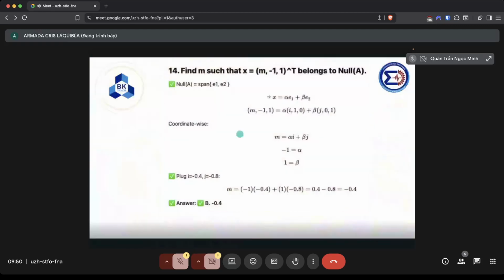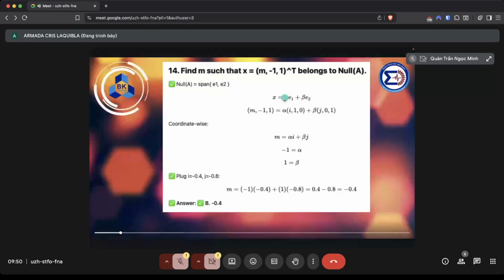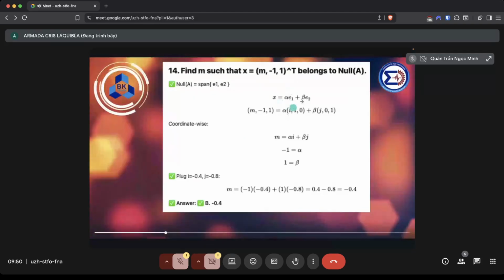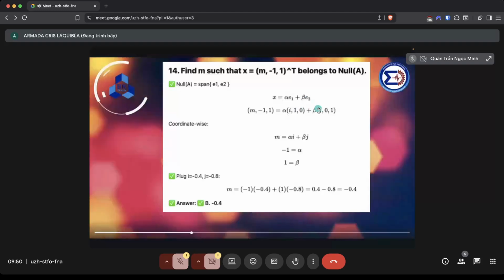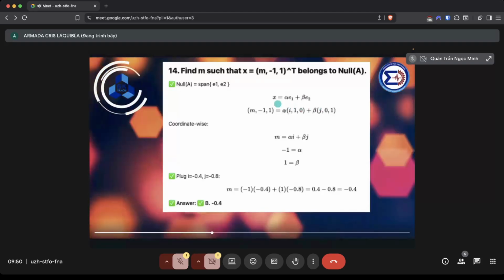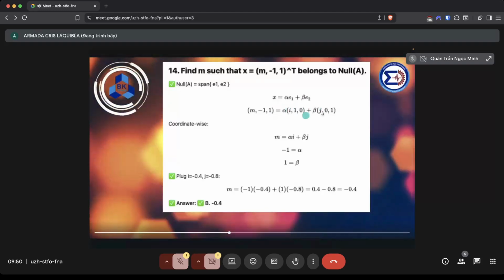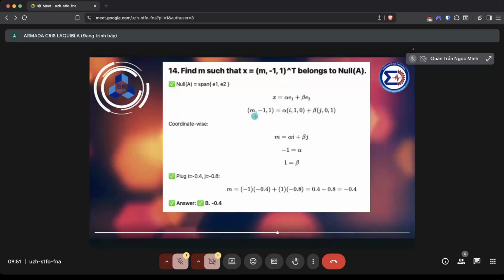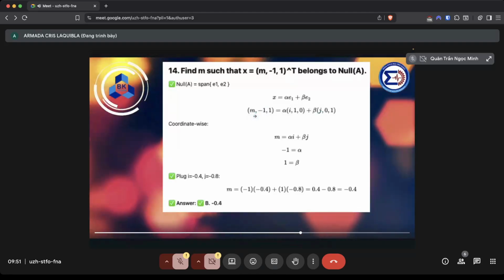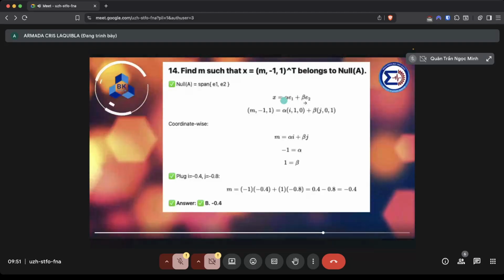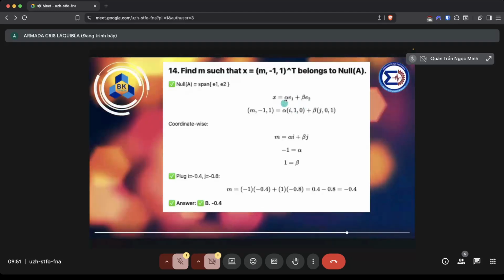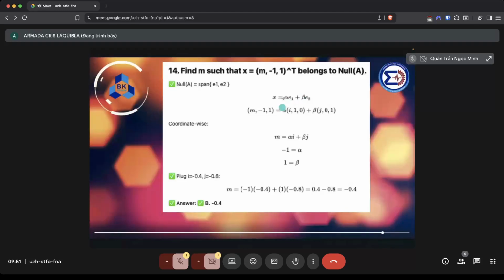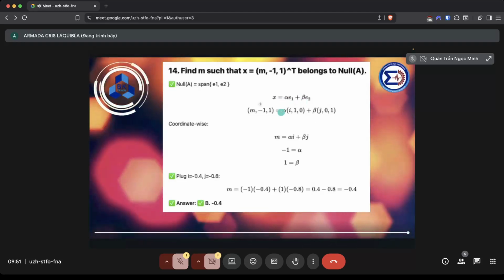It should be X is equal to alpha E1 plus beta E2. So what we are going to do now is to solve the M. Okay, so first, M plus the first component. You can use any variable here that you want. This is alpha and beta, so maybe you can use A or B or lambda 1, lambda 2. It's up to you, class.